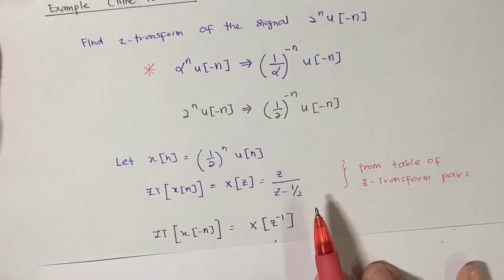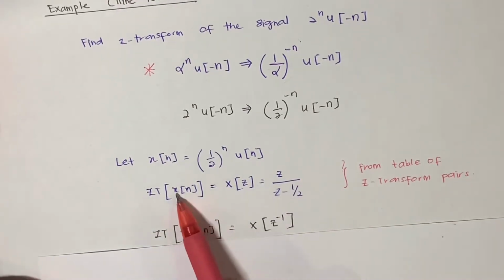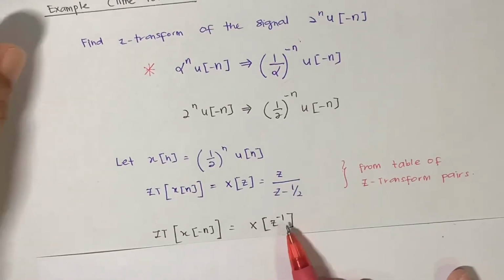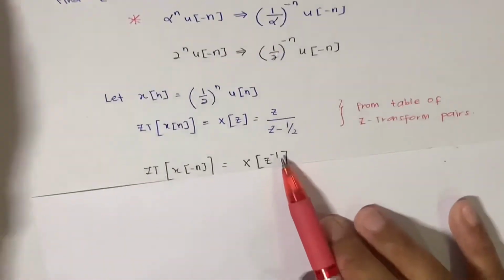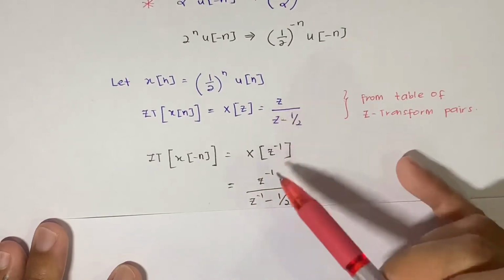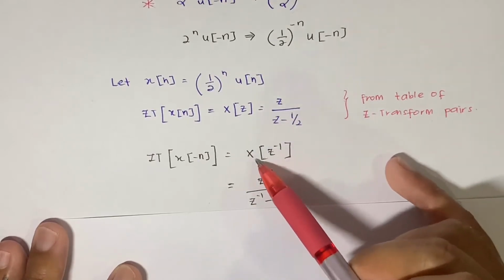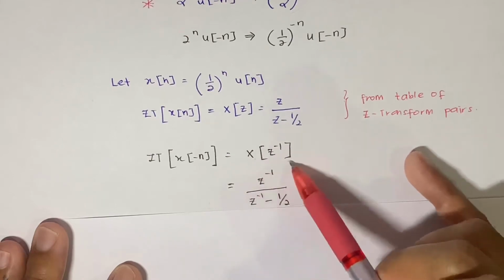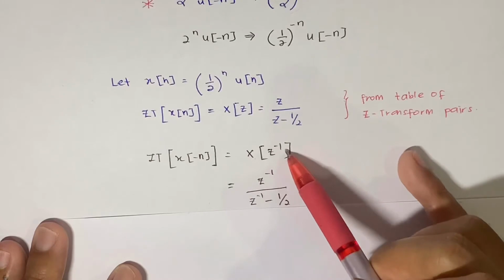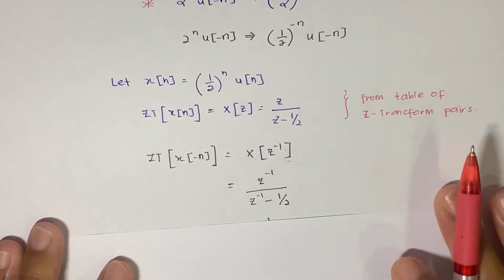So what happens if you want to change from X(z) to X(z^-1)? Now we just need to change z to z^-1 because the equation wants you to change from X(z) to X(z^-1). As simple as that.